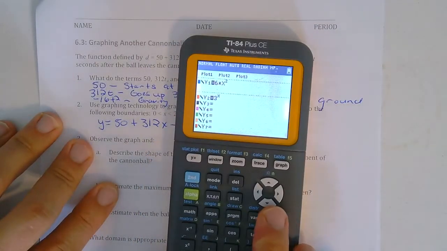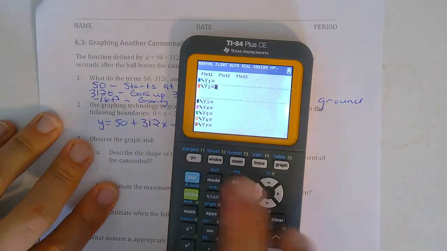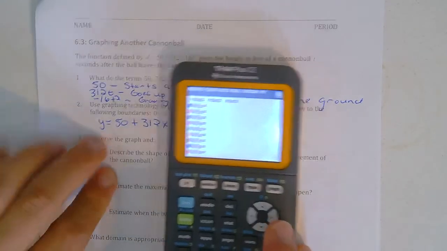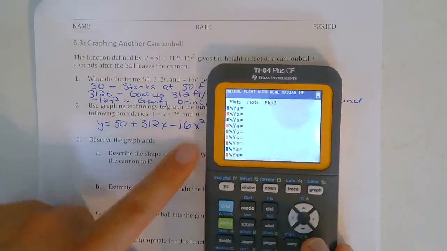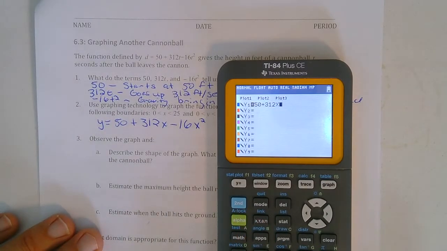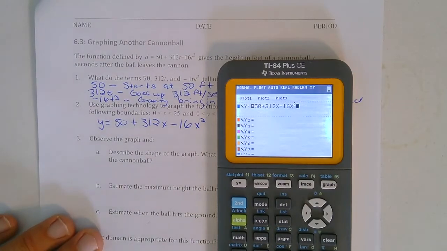So to graph that, I go into my graphing window first by pressing y equals. And then I'm going to put in this right-hand part of the expression. So 50 plus 312x minus 16 and then x to the second power.